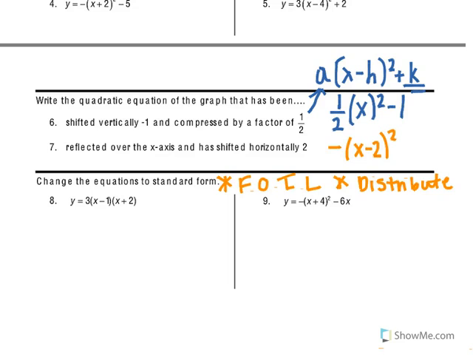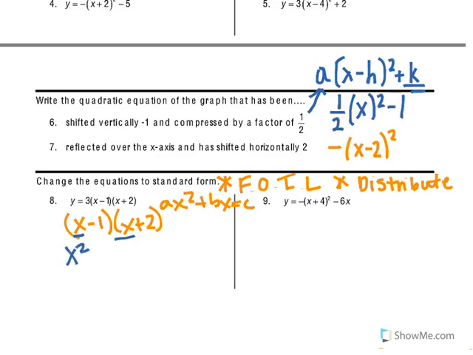So if you want to put these in standard form, remember standard form is ax squared plus bx plus c. So we're not going to distribute 3 first. We're going to take that x minus 1 and x plus 2, and we're going to FOIL that. So first we multiply the first, so x times x, x squared.